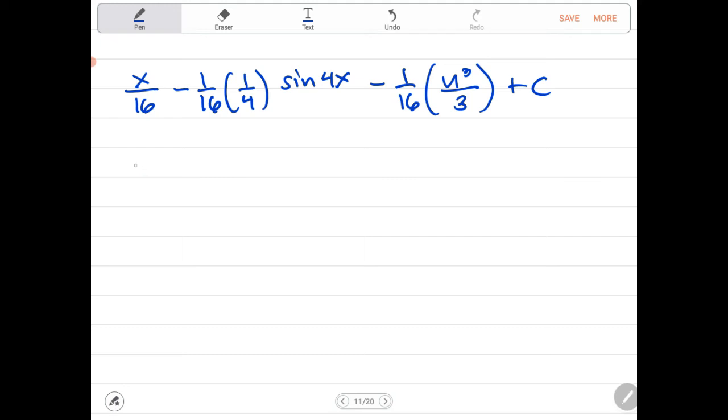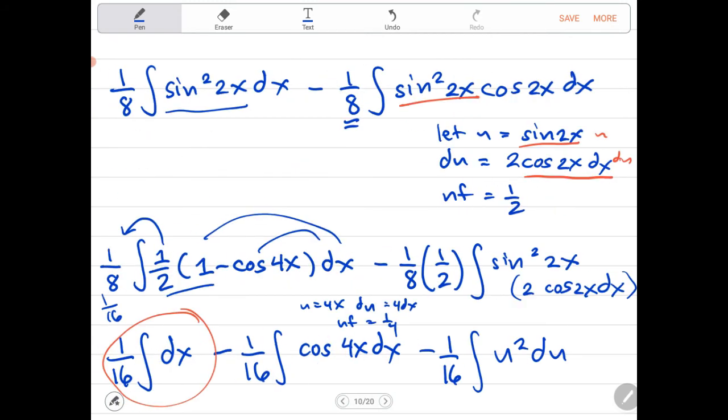Then simplify for the final answer: x over 16 minus sine 4x over 64 minus u cubed over 48. What is our u? In this part, u is sine 2x.